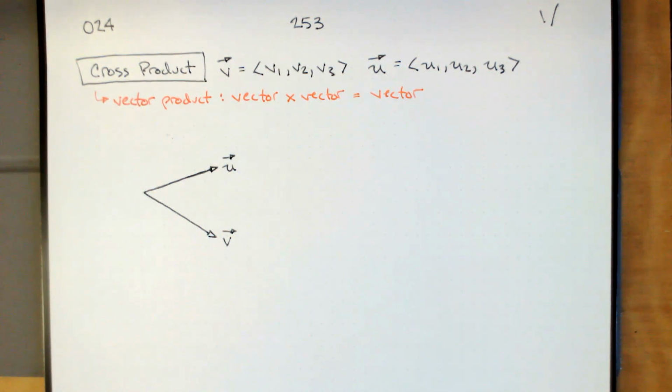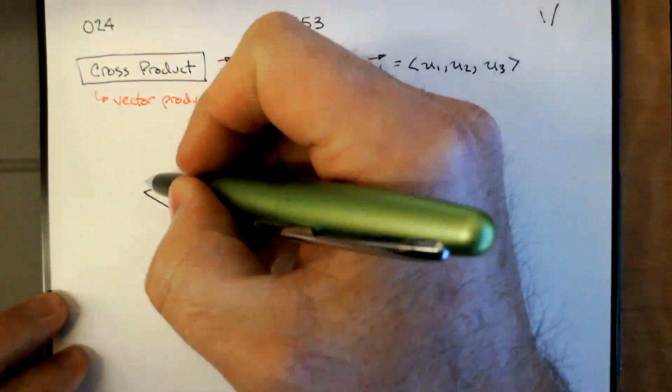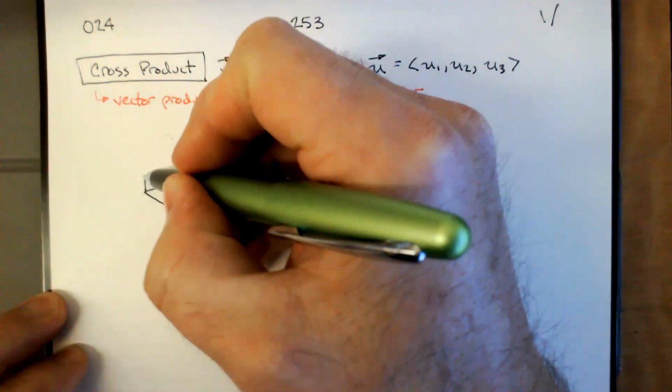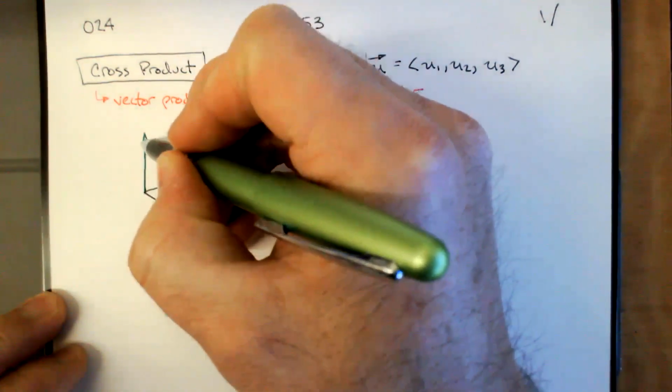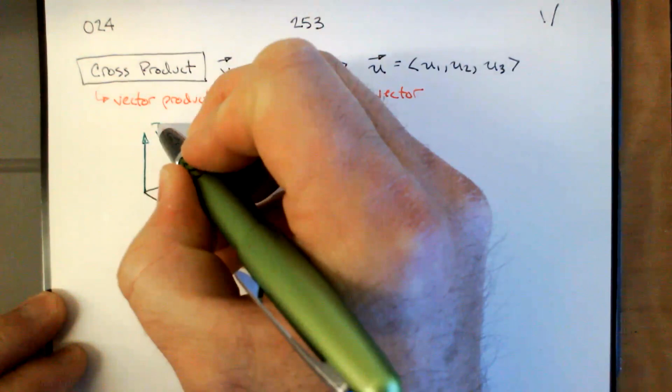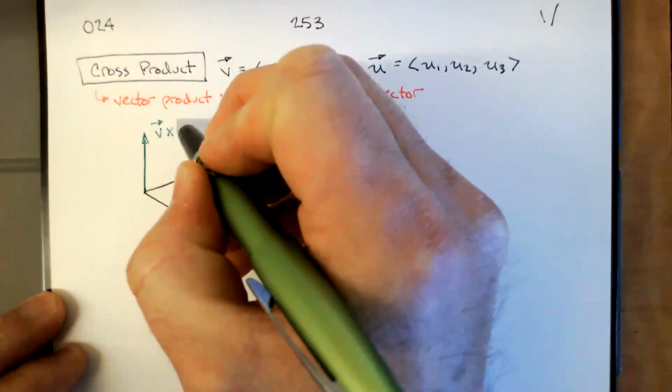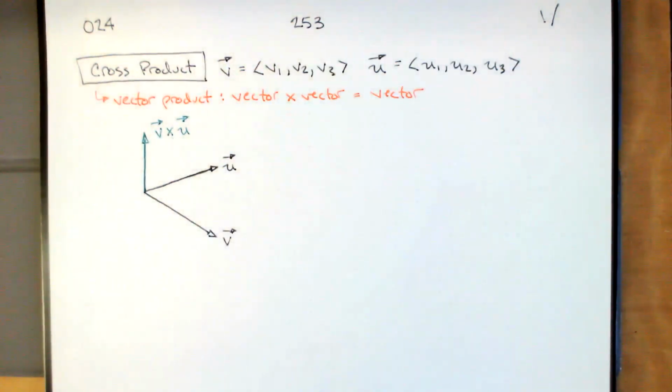The cross product of U and V is going to be a vector that is perpendicular to both U and V. So this is one of the important things that we get from the cross product.